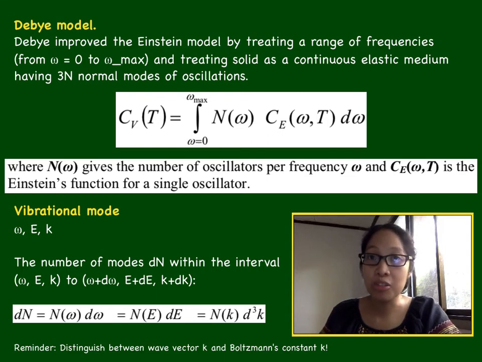The number of modes dn within the interval omega, E, and k to omega plus d omega, E plus dE, and k plus dk would then be dn equals n of the frequency, d omega equals n function of energy, dE equals n function of wave vector k, d cube k, since k space has 3 components.